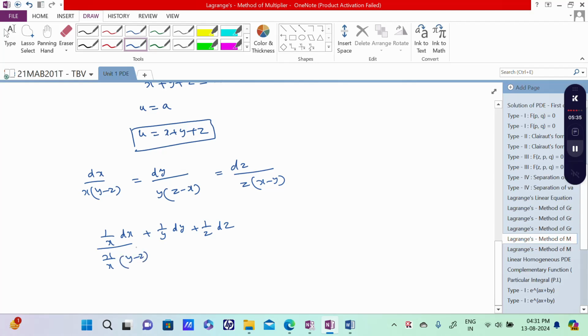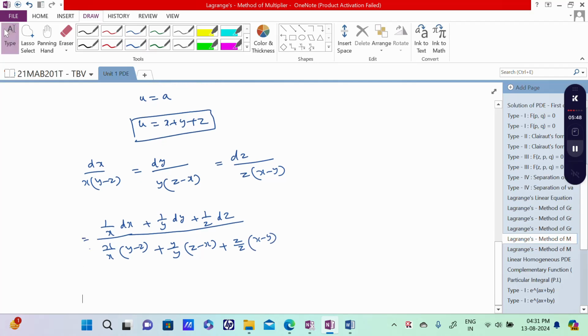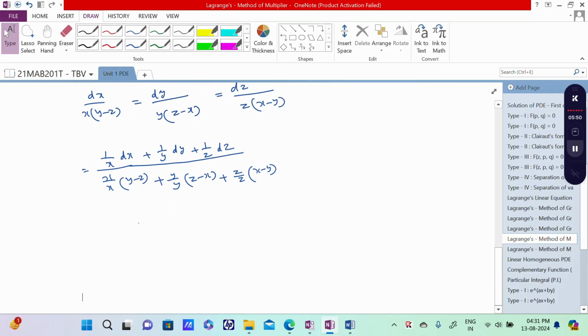Now in the denominator, the x term cancels, the y term cancels, the z term cancels.